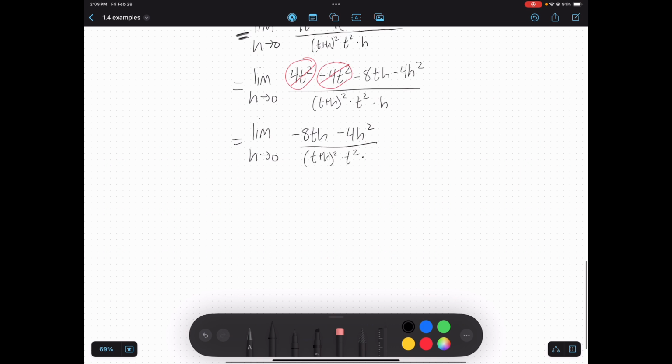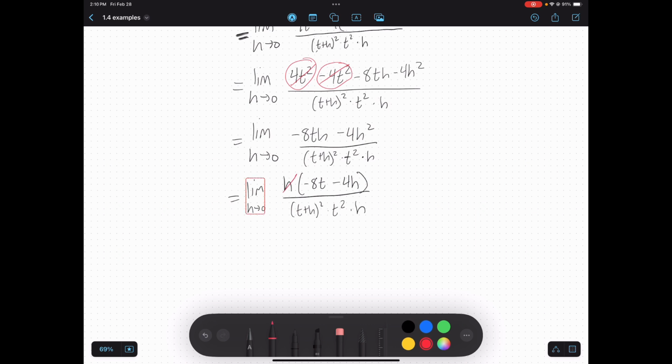So you'll notice that the terms that canceled were the terms that didn't have an h in it. So I'm able to factor out an h out of my numerator, just like I was able to in the example problems we went through in the concept video. So I factor that out, and I'm left with negative 8t minus 4h all over t plus h squared times t squared times h.